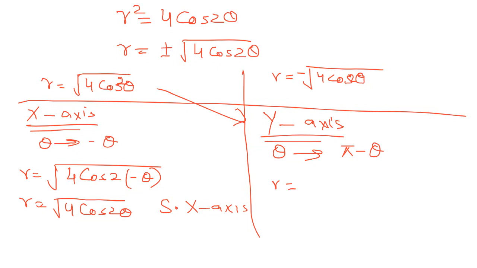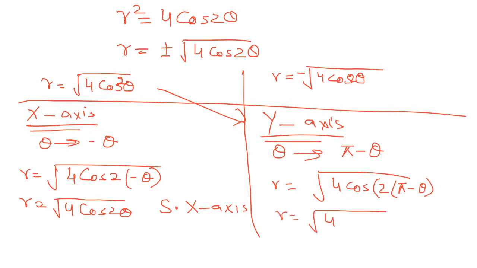So r is equal to what? r is equal to square root of 4 into cosine of 2 into pi minus theta. So r is equal to 4 into cosine of 2 pi minus 2 theta. If we simplify this, what will we get?